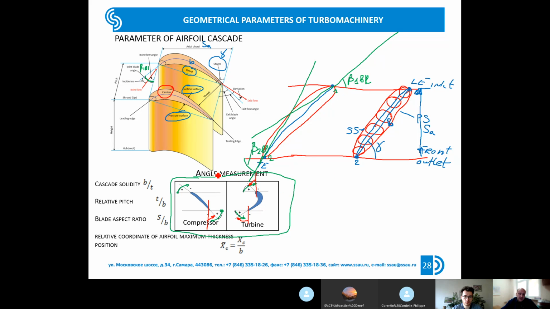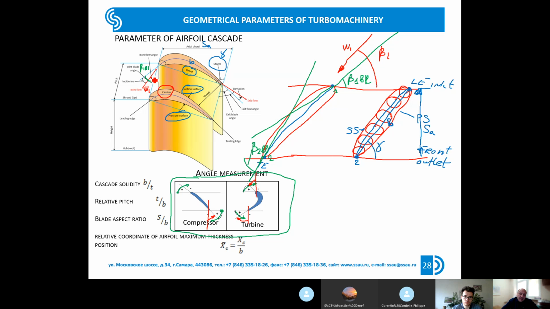So let's return back to the definition. The beta 1 and beta 2 blade angles, this is the construction angle. But the flow comes to the leading edge, this is the velocity W1, and this is the angle beta 1. So if we come to this picture, a more accurate picture, this red vector will be the inlet velocity W1. In reality, this is a relative velocity.